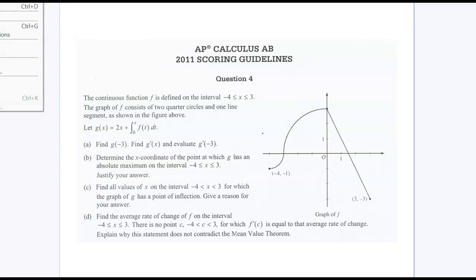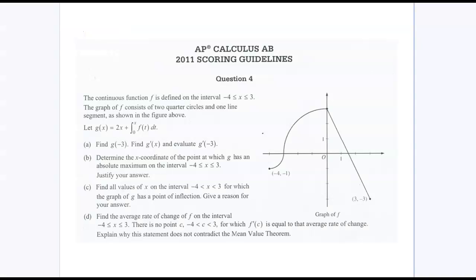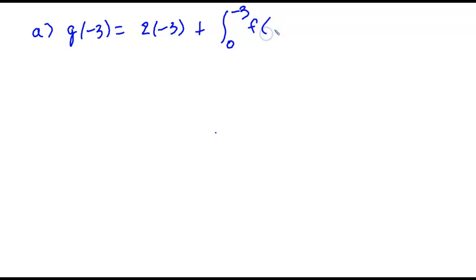So in part A, g of -3, I'm going to plug -3 into my function. So it's going to be 2 times -3 plus the integral from 0 to -3 of f of t dt.